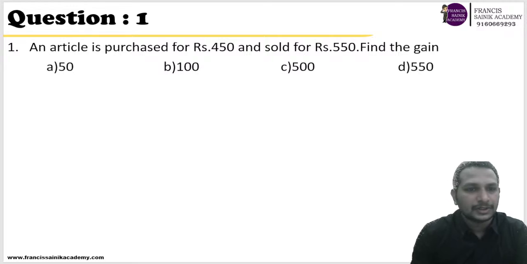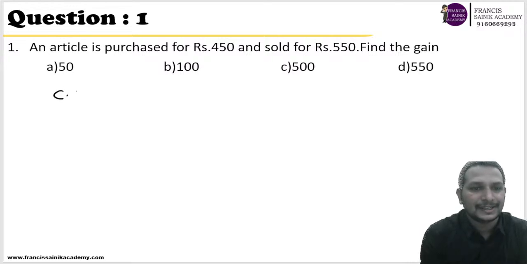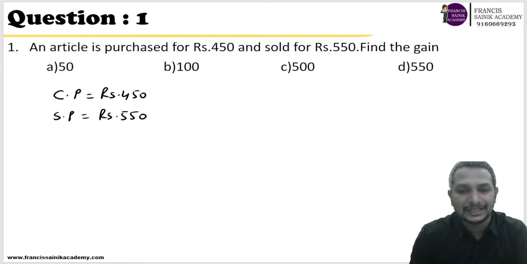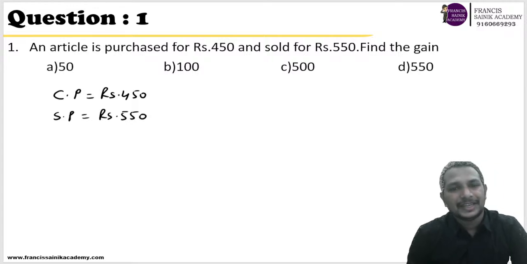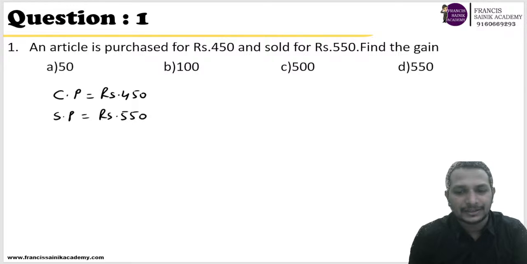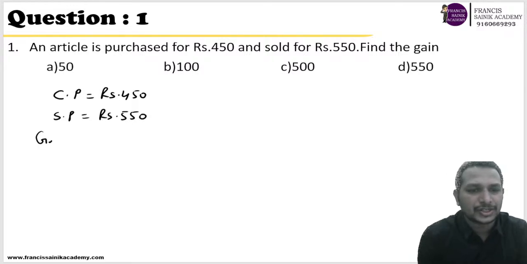They gave the cost price as 450 and the selling price as 550. Clearly the selling price is greater than the cost price, so we got a gain.